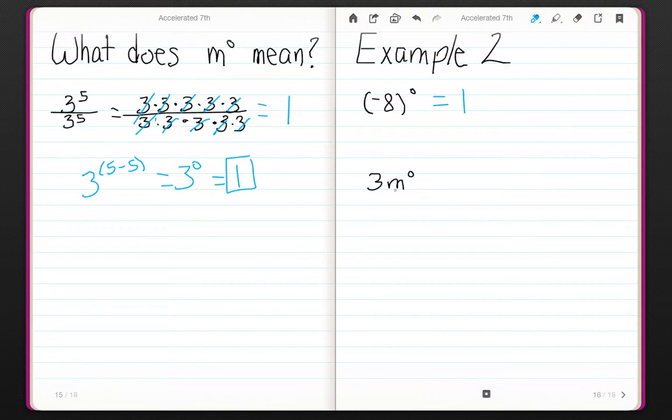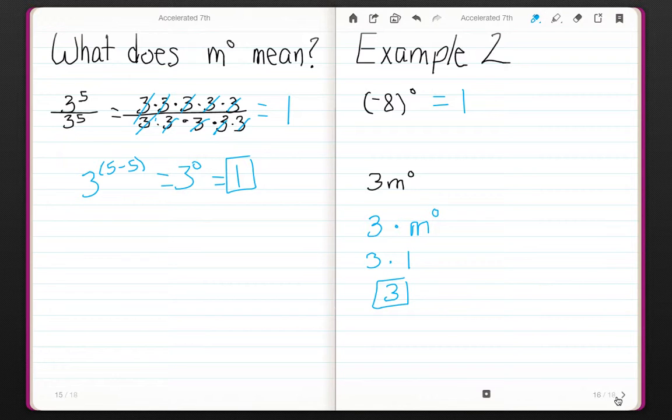However, in 3m to the 0, we separate the 3 times m. 3 times m to the 0 power. The exponent stays only with the variable m. Equals 3 times 1, because m to the 0 equals 1. So my product is 3.